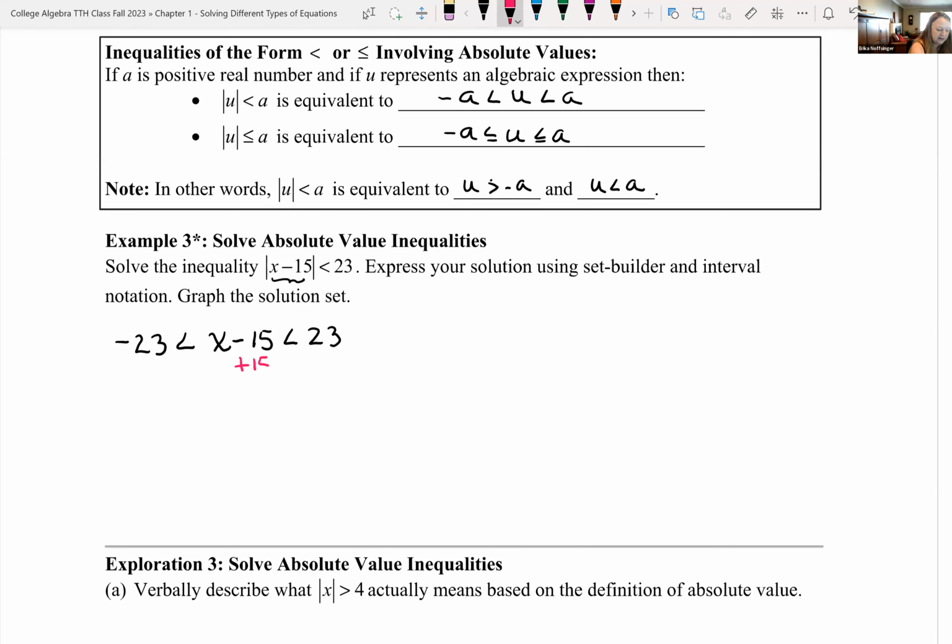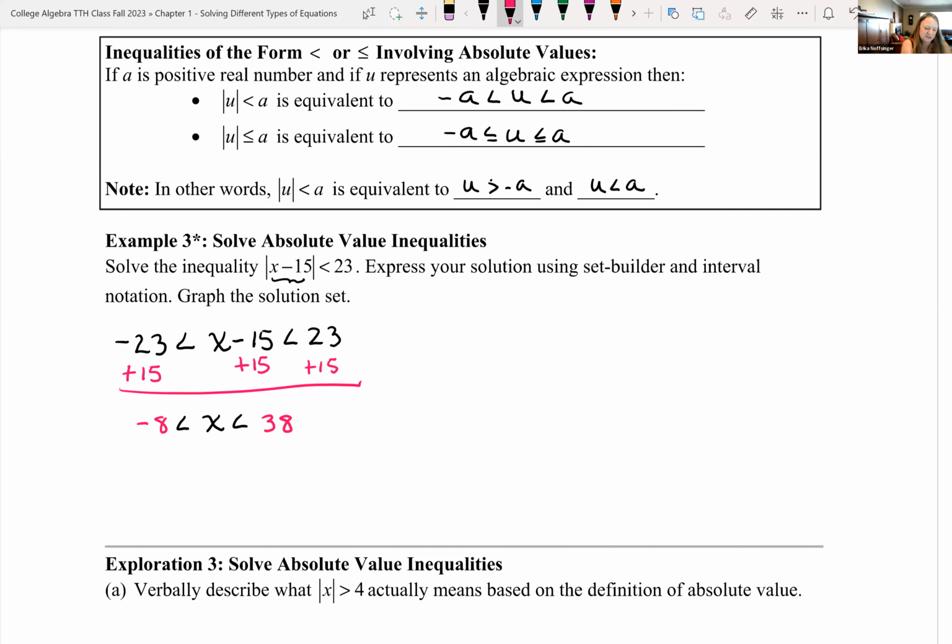And so if we add 15 to all sides, we would get here that -23 plus 15 is -8 is less than X, which is less than 23 plus 15, which is 38.